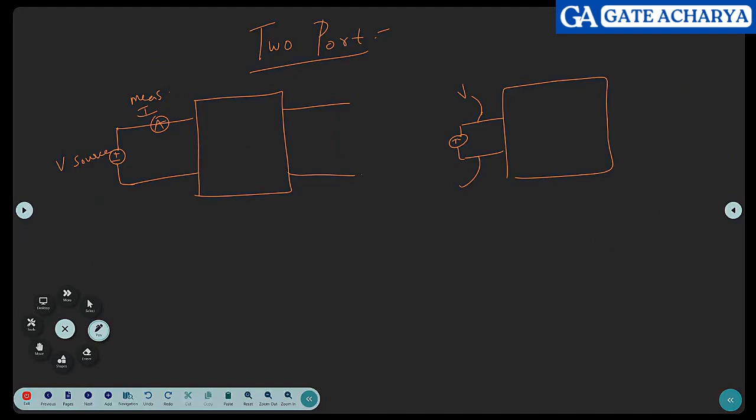So for a 2-port setup, what all can I do? For example, I measure voltage. Whatever you measure comes on the top, and whatever you give as source comes at the bottom.